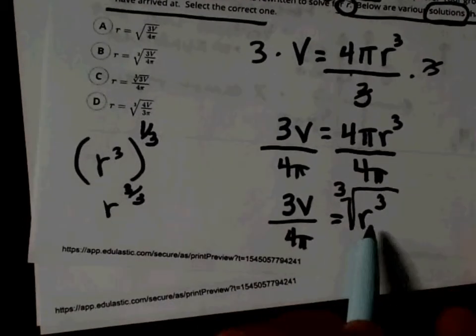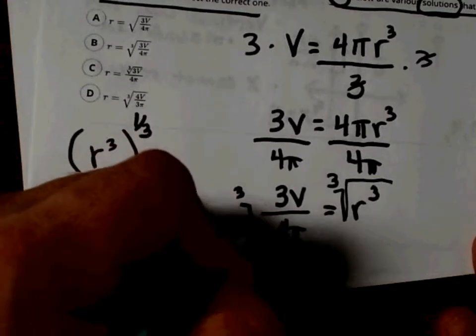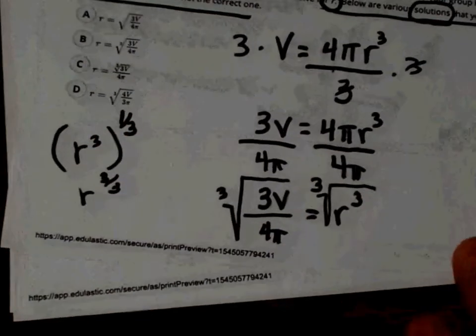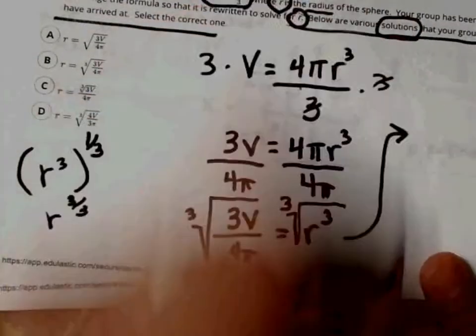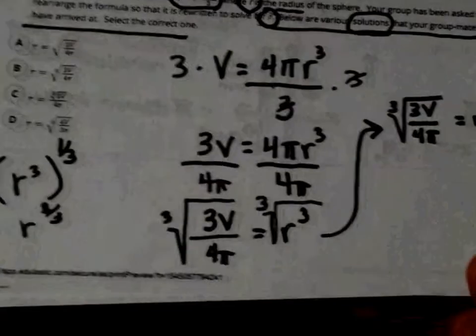And so that's what we're doing over here by taking the cube root of it. But if I do the cube root to one side, I have to also do the cube root to the other side, right? And so what I'm left with for my solution is the cube root of 3 capital V all over 4 pi, and that's going to equal r.